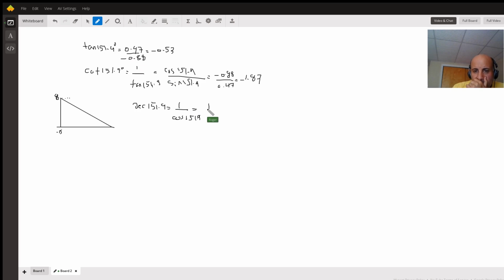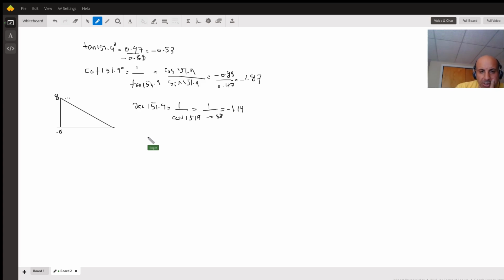So it's 1 over negative 0.88. So you get minus 1.1363, I'll call it 1.14.